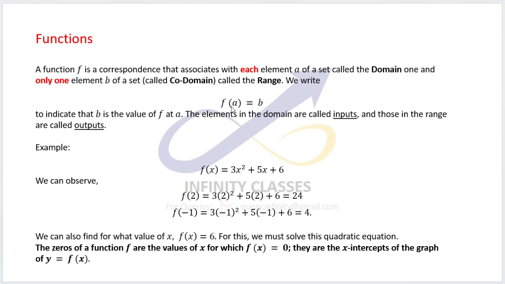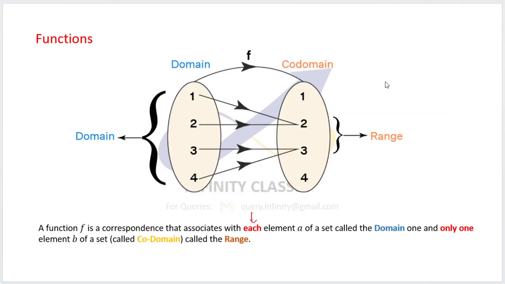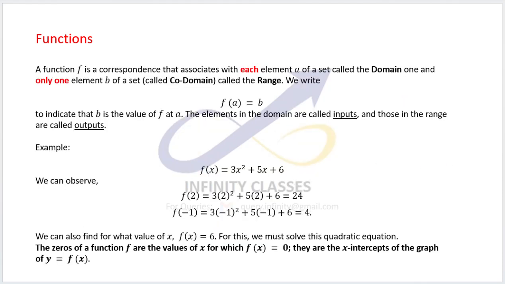So we write it as f of A is equal to B. In this case, f of 1 will come out to be equal to 2. f of 2 will also be equal to 2. f of 3 will be equal to 3, and f of 4 will also be equal to 3. So an element A is getting mapped to element B, so we write f of A is equal to B to indicate that B is the value of the function at A.